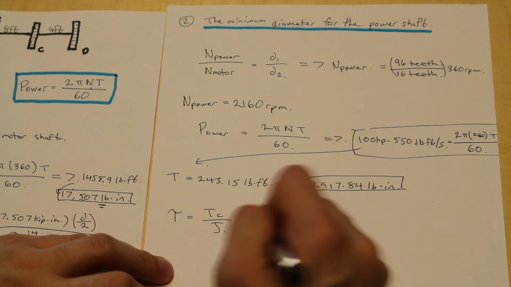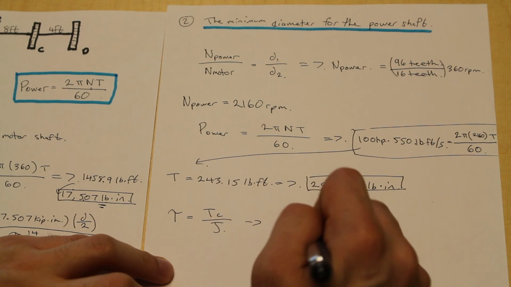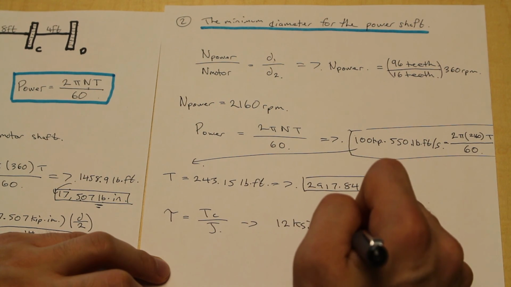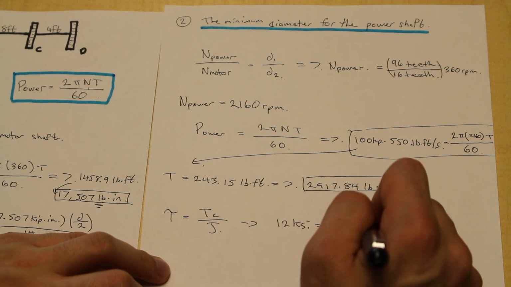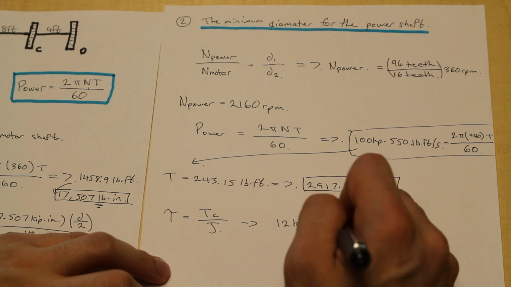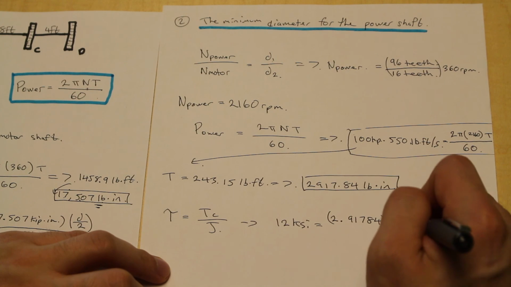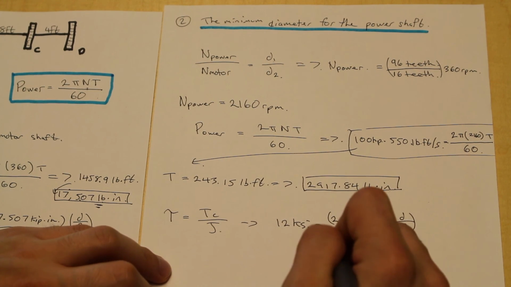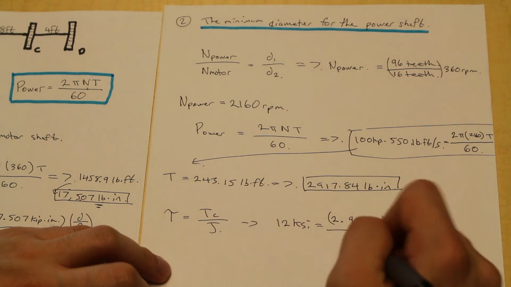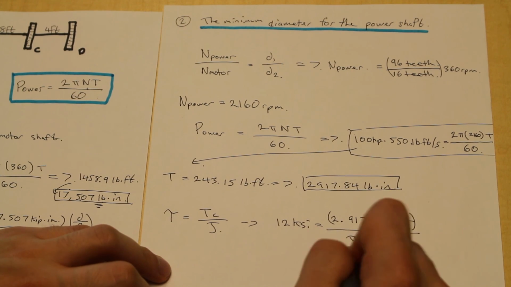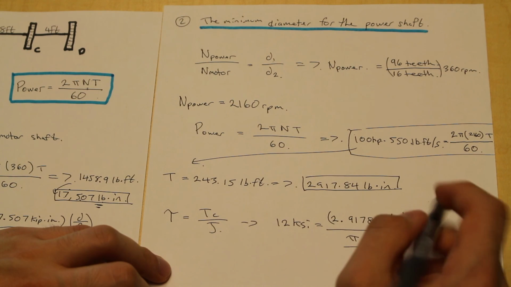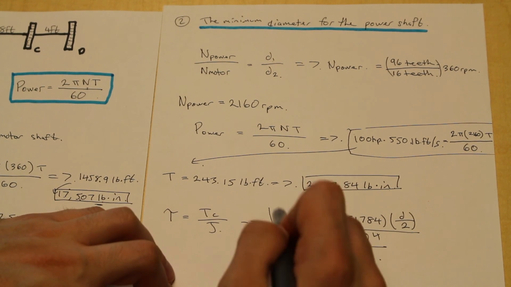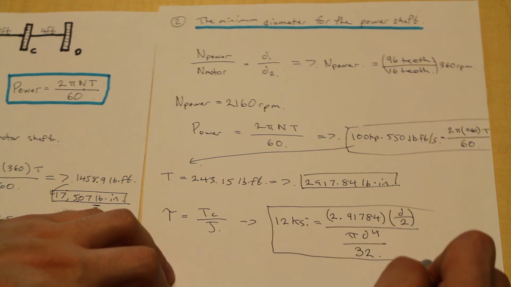Let's convert pounds to kips. For c we're subbing in d over 2, which is equal to the radius. Same thing for J, we're going to use our J in terms of diameter, not radius. And once again, let's just solve this equation for D.